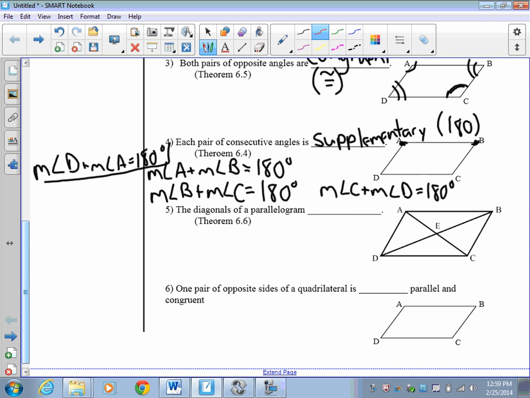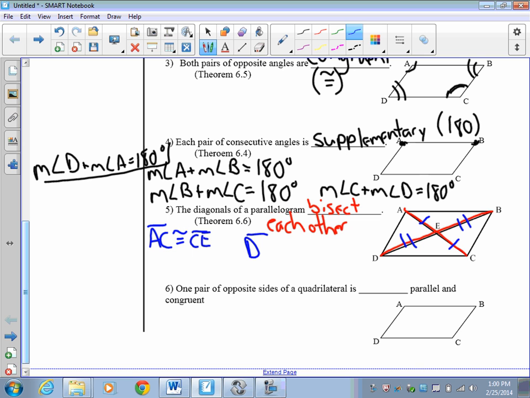So number 5 says the diagonals of a parallelogram bisect each other. So our diagonals are DB and AC. They bisect each other, so that means that AE is congruent to CE, and segment DE is going to be congruent to segment BE.